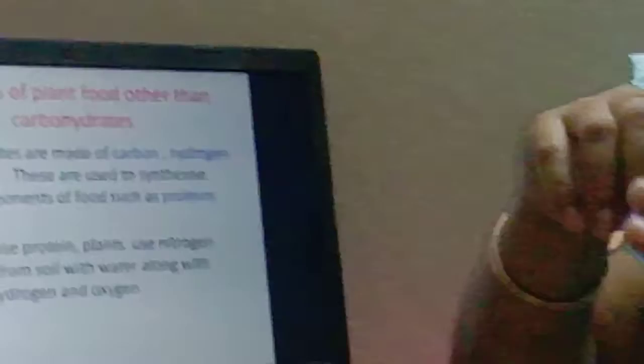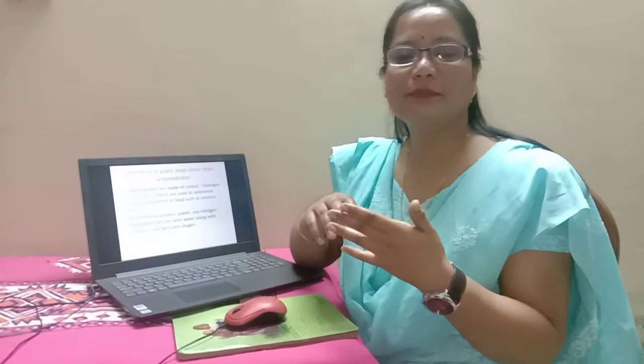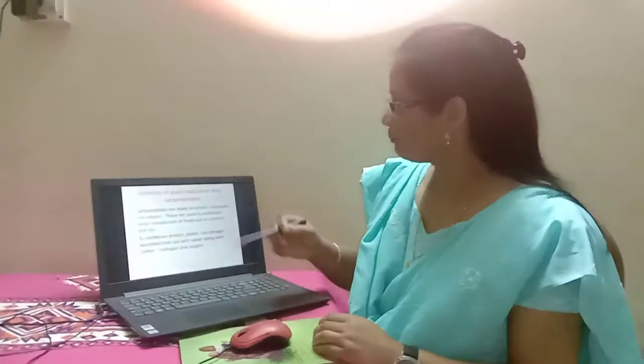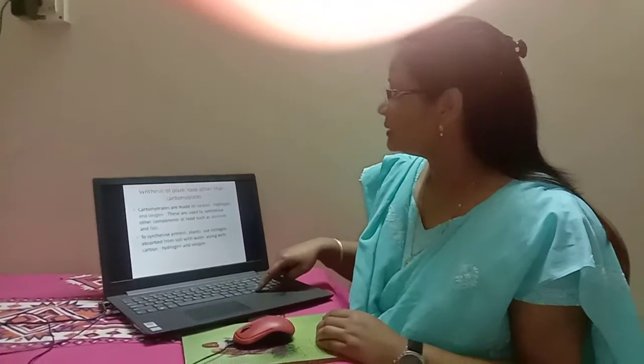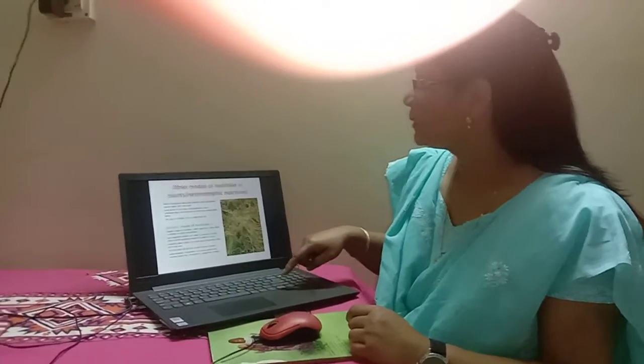So in carbohydrate we get only carbon, hydrogen and oxygen, but for the synthesis of protein, nitrogen is also required. The plant gets nitrogen by absorbing it from the soil. The nitrogen present in the air, the plant cannot use directly. So protein is synthesized, and along with that, fats are also synthesized.